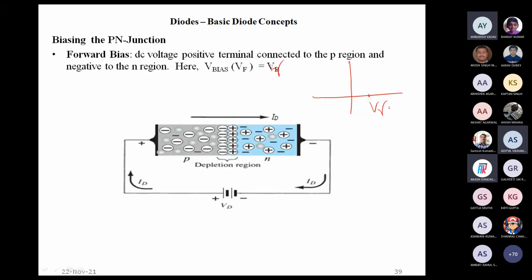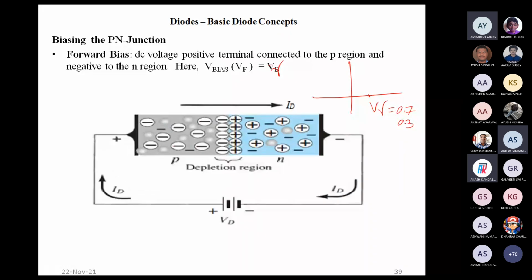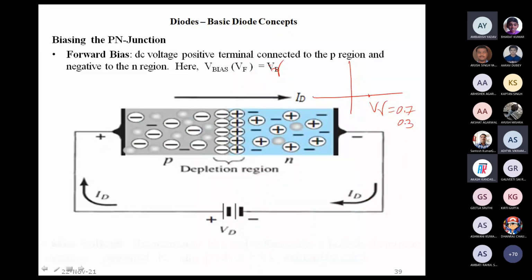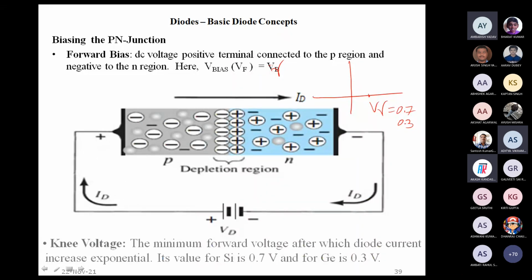So 0.7 volt for silicon or 0.3 volt for germanium must be applied across this PN junction in order to make it conduct. This particular voltage which must be applied is called the knee voltage or potential barrier.